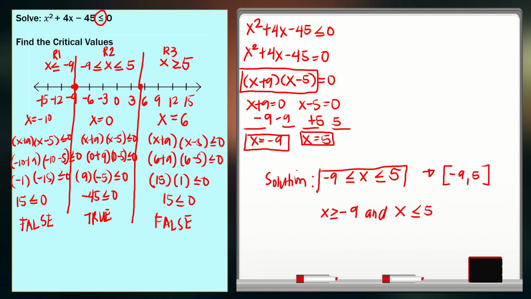So these are the answers. This one is in set builder notation, and this one is in interval notation. And also by means of a graph, we simply shade this part, which tells us that those are the solutions of x squared plus 4x minus 45 is less than or equal to 0.